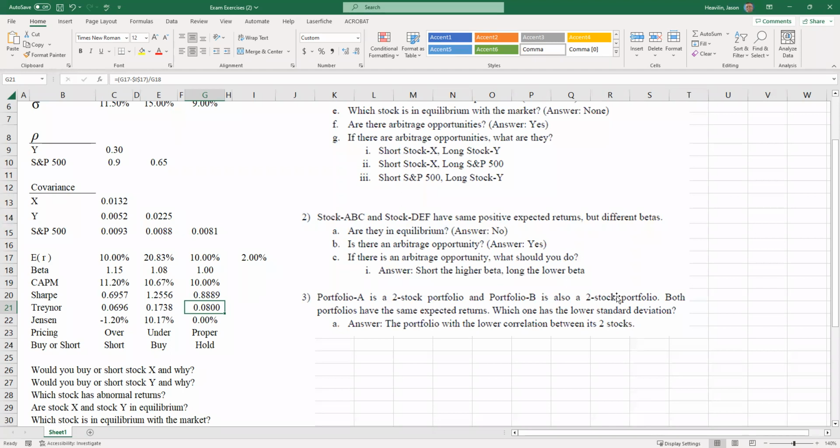The question is, which one has the lower standard deviation? This is a question about diversification and efficiency, the efficient frontier. Now, we do know, or we have learned in the last few weeks, that the lower the correlation, when you combine the stocks, you can achieve a lower standard deviation, a lower risk.